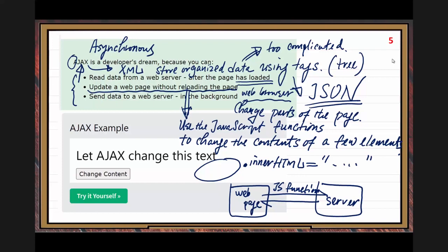So that's the reason. Here I would like to give you two examples to show why AJAX technology is so useful and important to improve the user's experience. For example, you have the experience when you use a search engine.